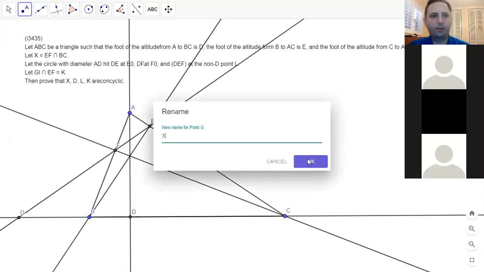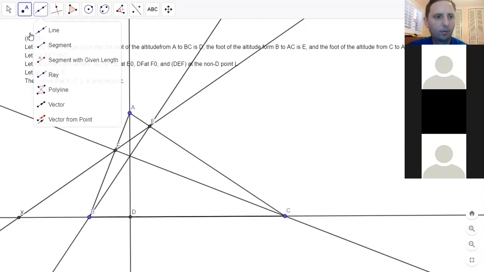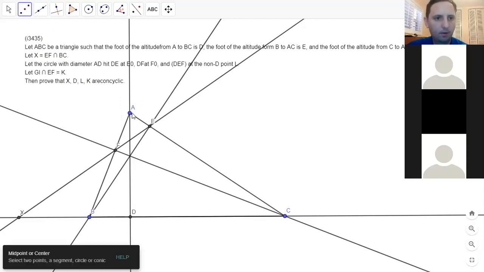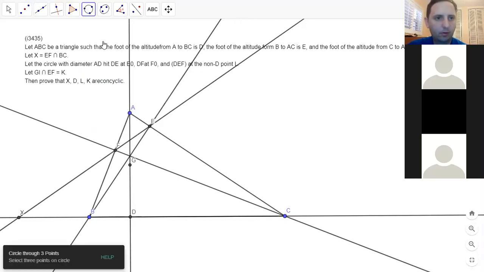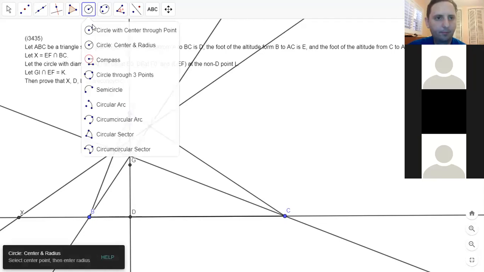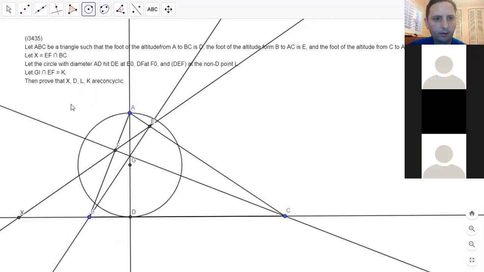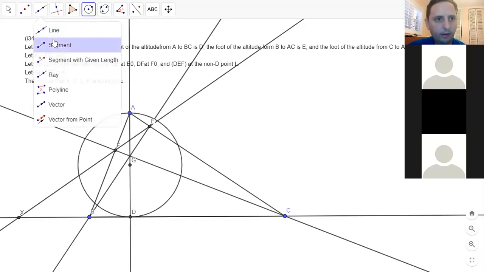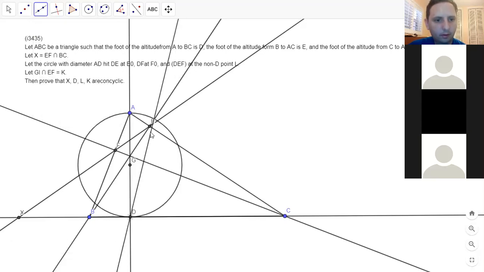The circle with diameter AD. Interesting. Let's draw that circle. It intersects DE at E naught and DF at F naught.